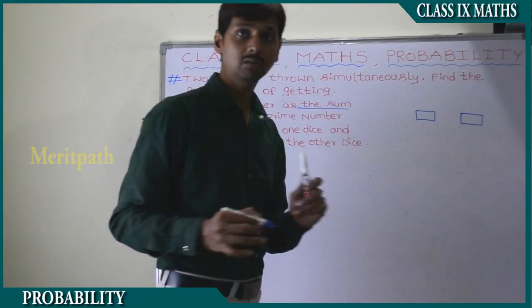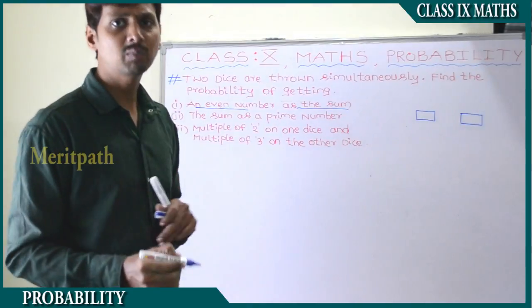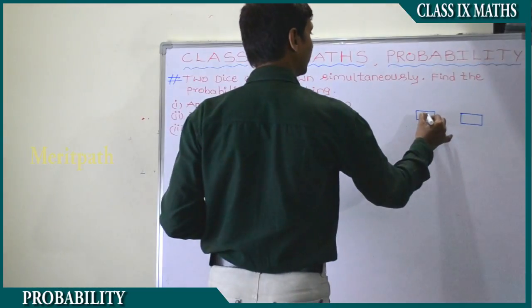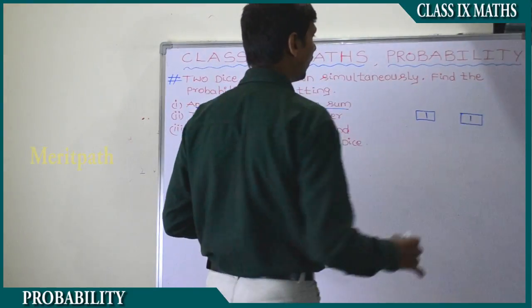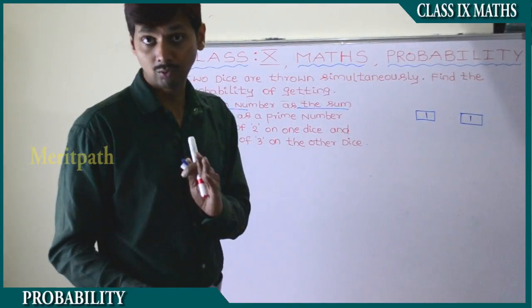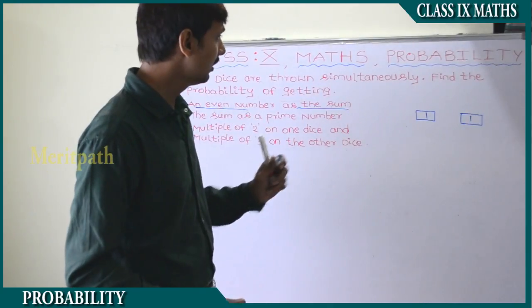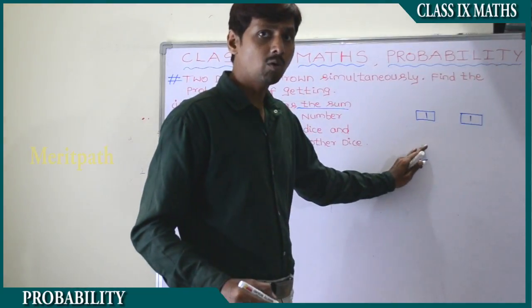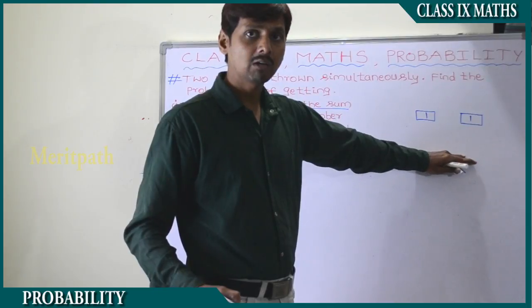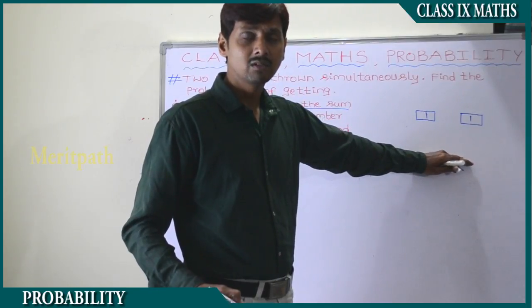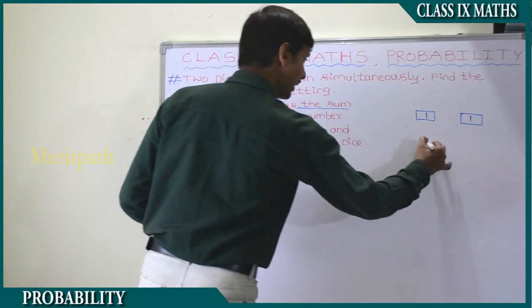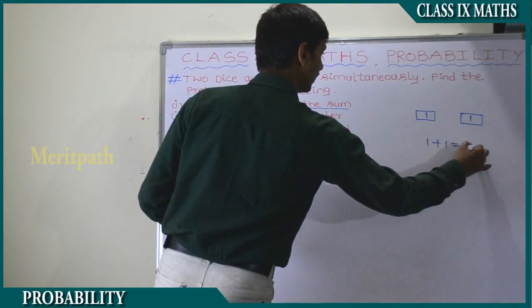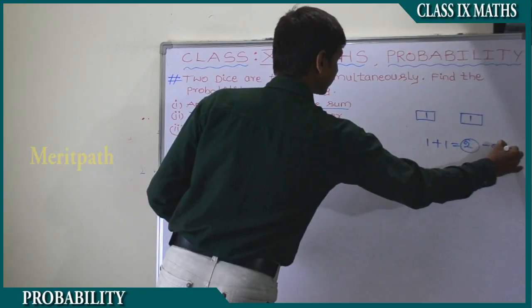2 dice are thrown. There is a possibility to get 1 on the first dice, and there is a possibility to get 1 on the second dice also. So here we got 1 on the first dice, 1 on the second dice. The sum of these two numbers is 1 plus 1, which is 2. 2 is an even number.